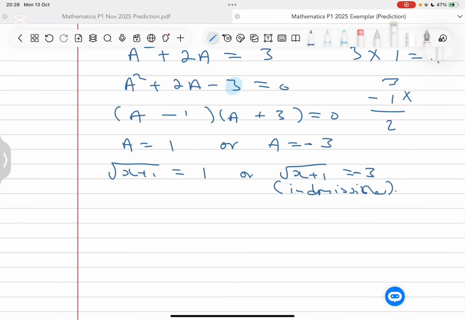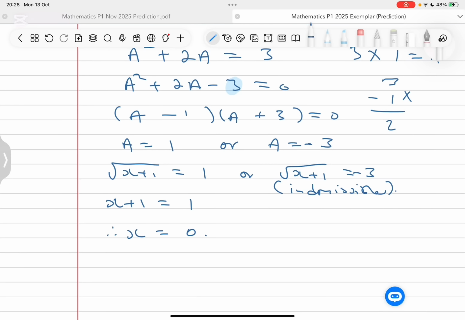Now when we are here, I will then square both sides. That means I'm going to put a square on the left hand side and a square on the right hand side. Now this side I'm only going to be left with x plus 1, and this side I'm going to have a 1, because 1 squared is just 1. Now this would then mean that x is indeed equal to 0.